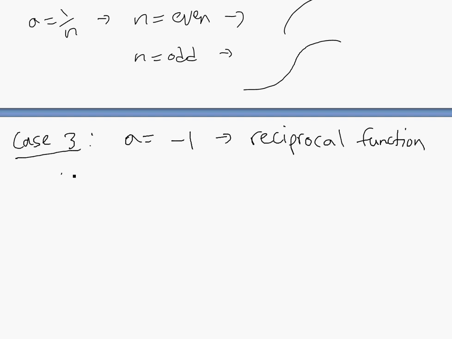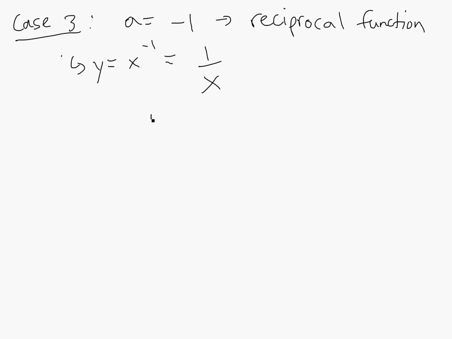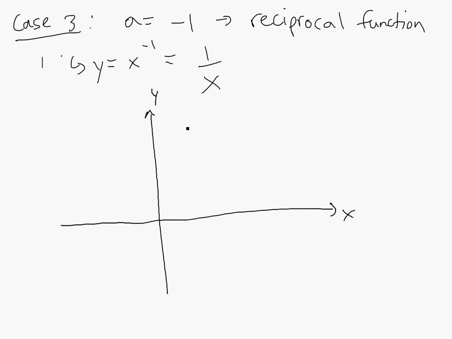So if we have a equals -1, we'll have y equals x to the -1, and if you saw my other video on the power rules, this is just equal to 1 over x. The graph of this one will be like this, where this is y and this is x.